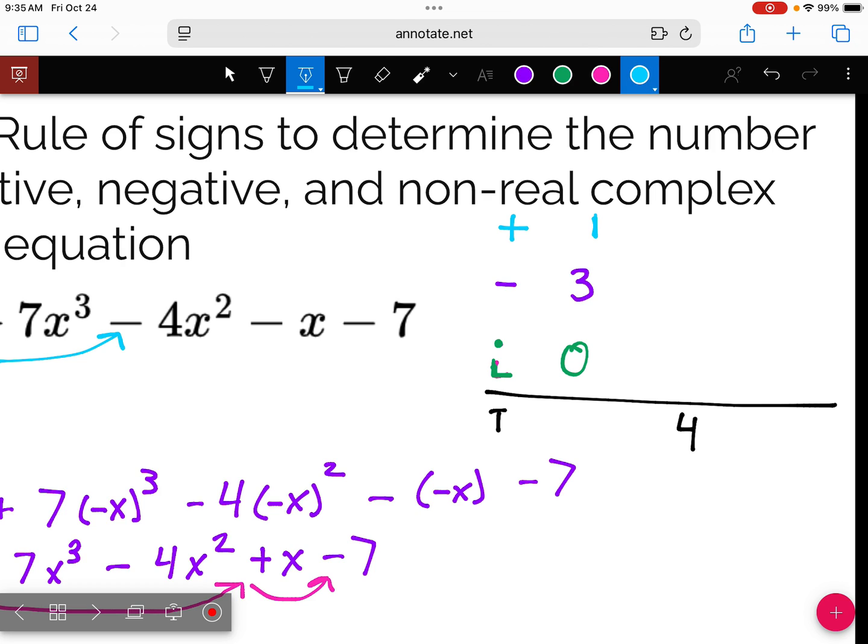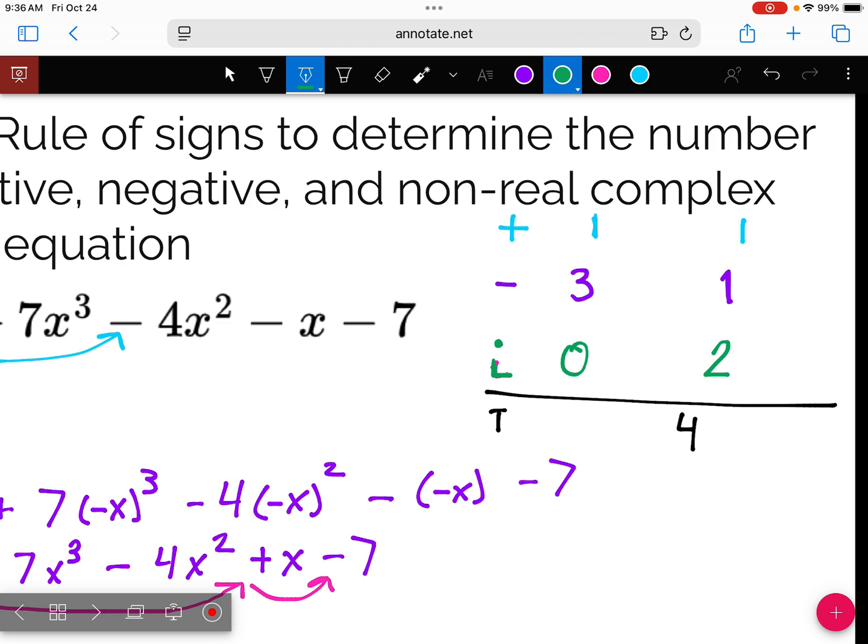But if I have my 1 positive root, but instead of the 3, I have 1 negative root, 1 positive root and 1 negative root, how many imaginary roots would I need to have? 2. We cannot have 1 imaginary root.